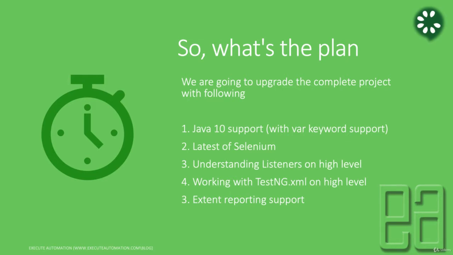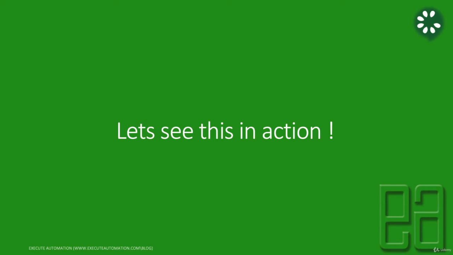Then we'll also work on ExtentReports, which is used for showing us a nice report. We'll be using Extent Reports 4, which is the latest and greatest version, and which is not even discussed in the advanced framework development series. So we are going to talk about that first in the basic series. So let's quickly see everything in action and understand how things work.